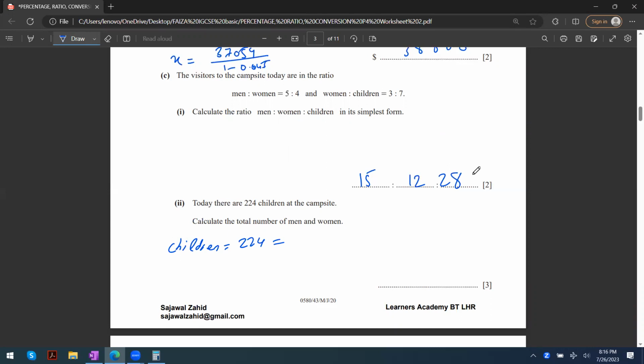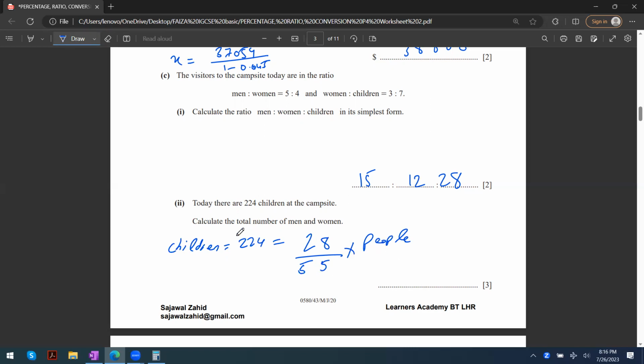Their individual ratio is 28, divided by the total of this, which is 55, times the total people, which includes everyone: men, women, and children.